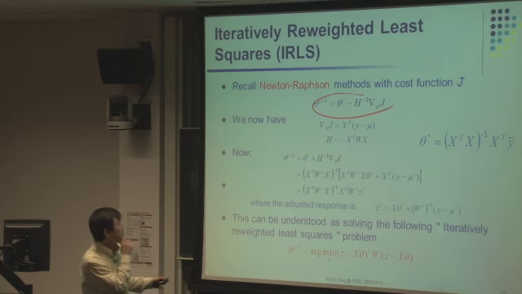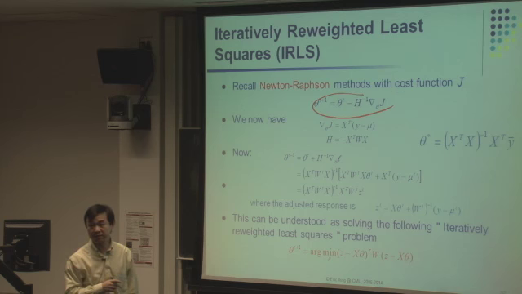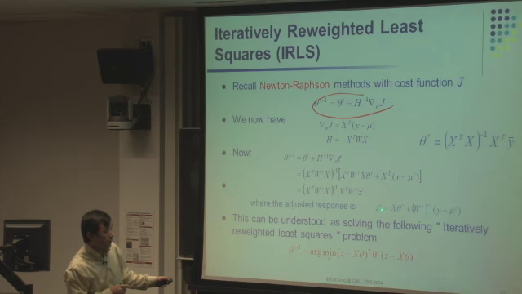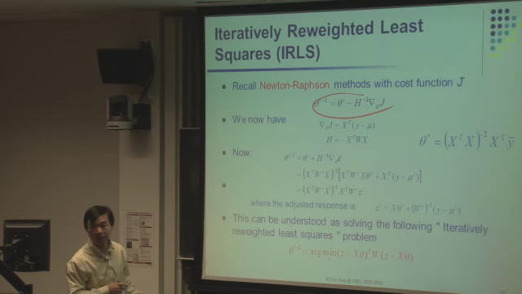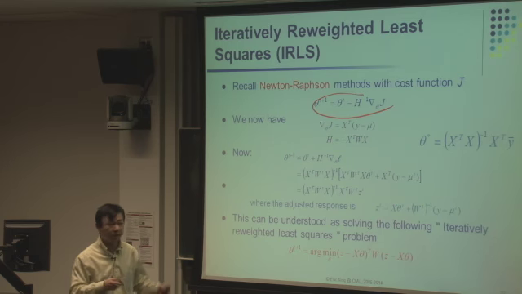This is sometimes known as iterative reweighted least squares estimation, for the following reason. Z is by definition a shifted and reweighted version of the true response Y. Originally you have this real response Y, which you observed, and built on that, using your current estimate of theta and some other quantities, you get a Z, which is known as the reweighted response.